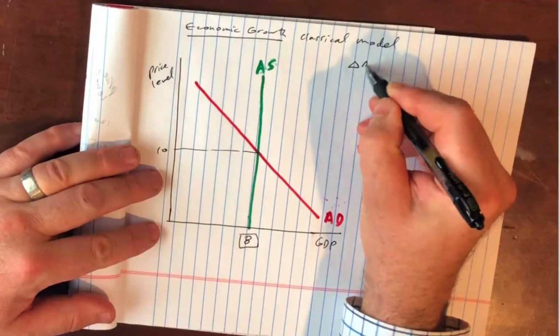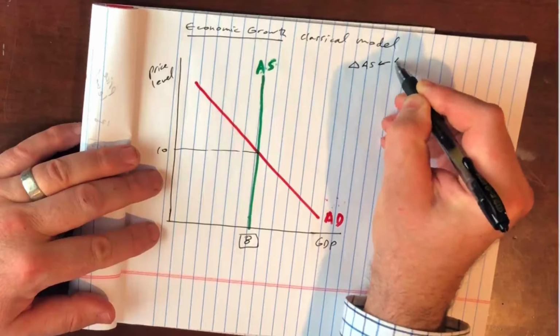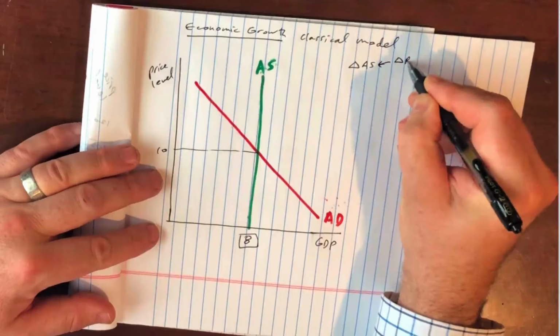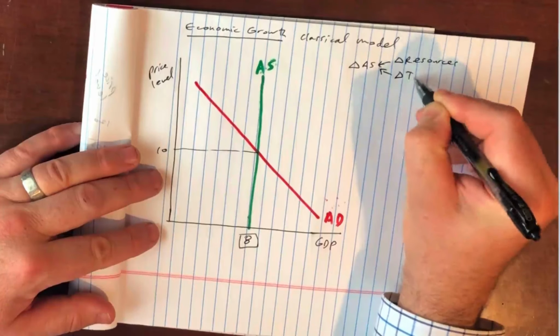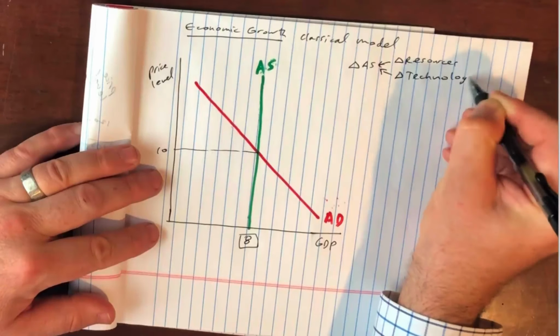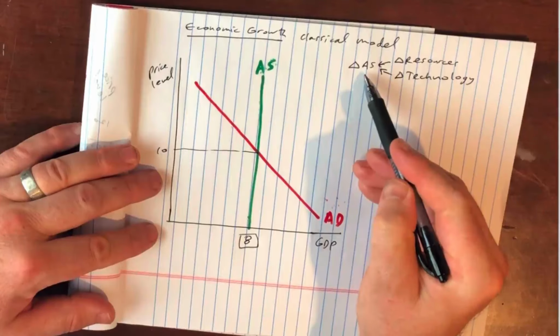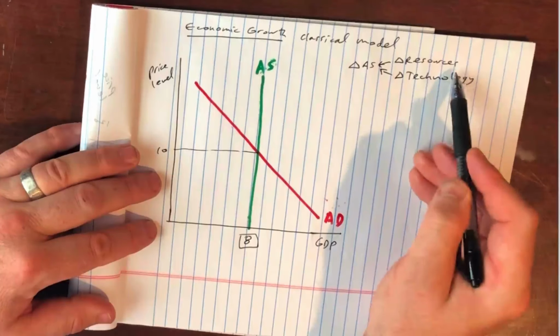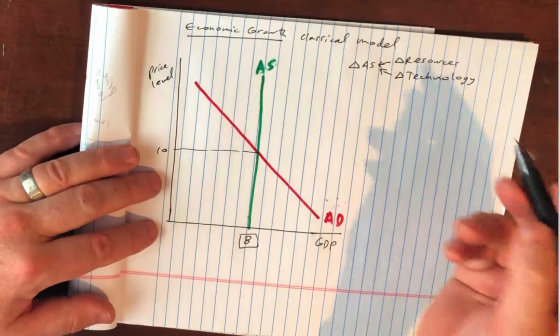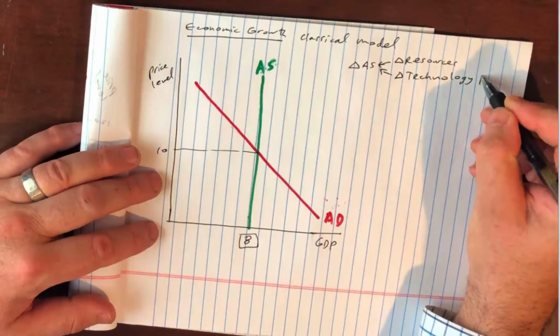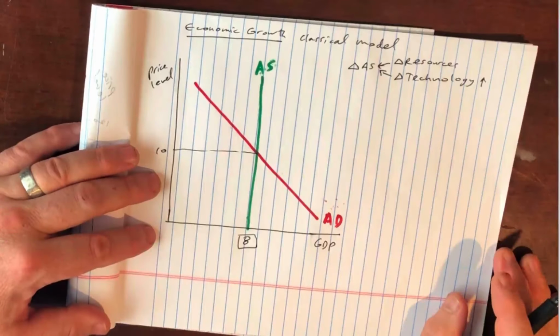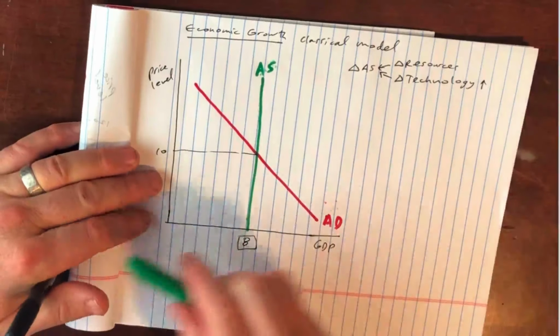Any change in aggregate supply is going to be driven by the two things that cause it, which are resources and technology. A change in aggregate supply is caused by either a change in resources or a change in technology. So let's imagine that one of these things has increased, or maybe both of them. Let's say it's an increase in technology.